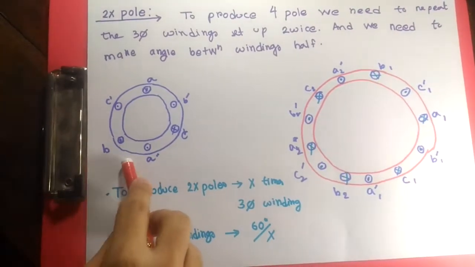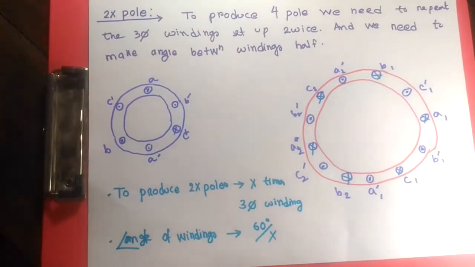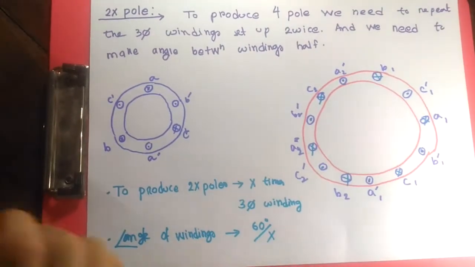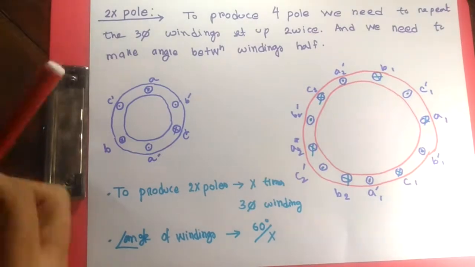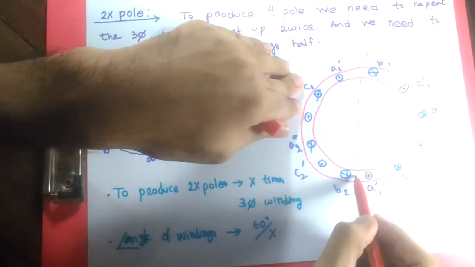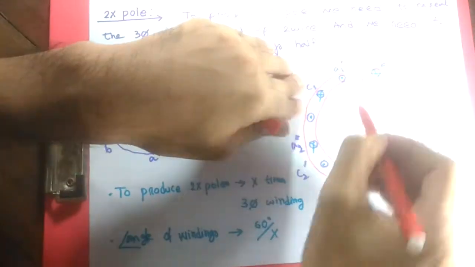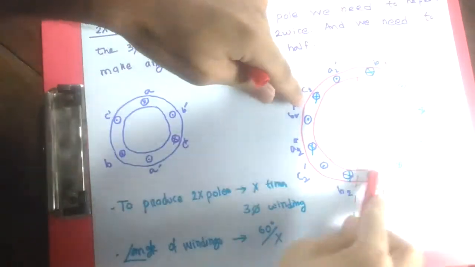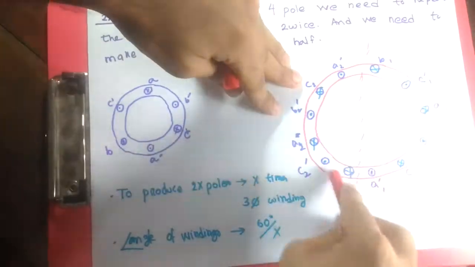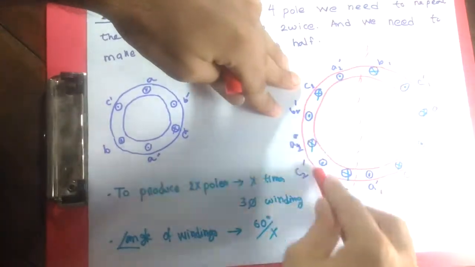This was the three-phase winding setup, right? And here is a setup for a four-pole winding. Try to notice that if I bisect it, this whole portion is just this three-phase setup, and this portion is again a repetition of this setup.